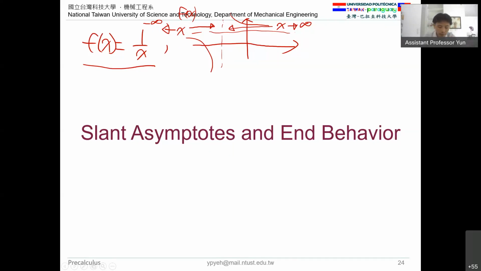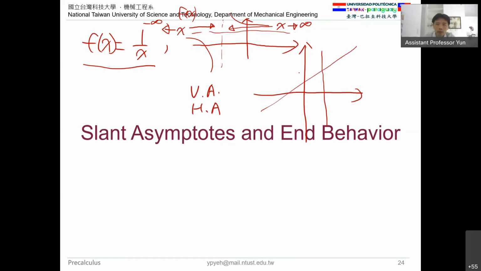That's based on the vertical asymptotes and also the horizontal asymptotes. But in some cases, the graph of a function could approach an asymptote.